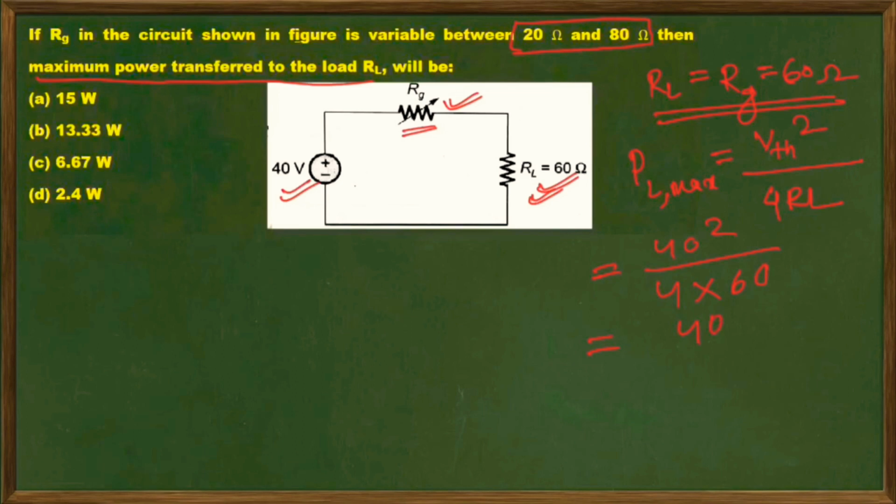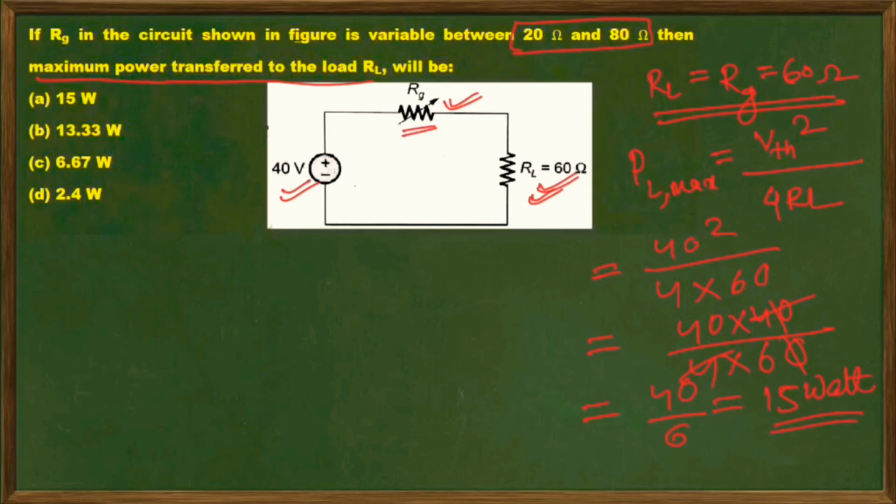So 40 into 40 divided by 4 into 60. Cancelling, this is 40 by 6, equal to 15 watt. So the maximum power that can be transferred to the load RL is 15 watt. So option A is the right answer. Now let's move on to the next question.